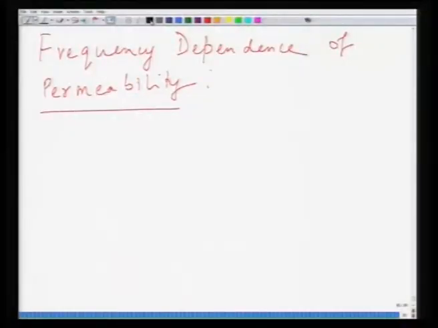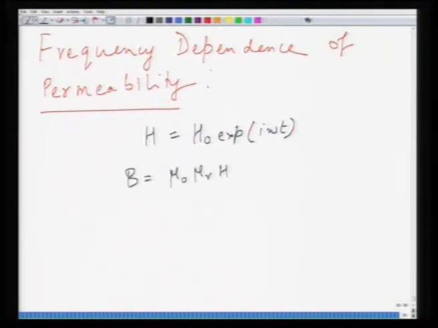So today we will first have a look at the frequency dependence of magnetic permeability. Just like in the case of electric field, where you have a sinusoidally varying AC electric field, you have a magnetic field which is similar in form: H equals H naught exponential of i omega t. And you know that in a linear magnetic material B equals mu naught mu r into H. Now at high frequencies these two parameters B and H are related with some lag time.